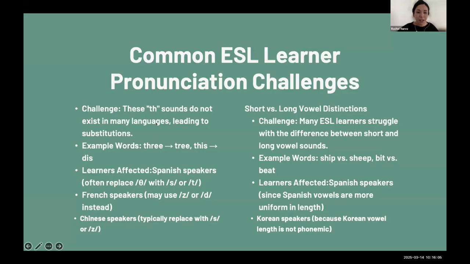So Spanish speakers, for example, will take the T, and they want to say three. Let me give you an example. I have three children, but they say I have tree children, right? Because this sound doesn't exist, in this case they're trying to find a substitution. Thank you, that was a really good question.